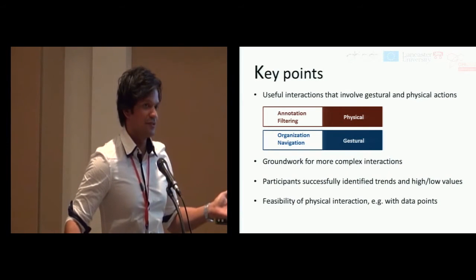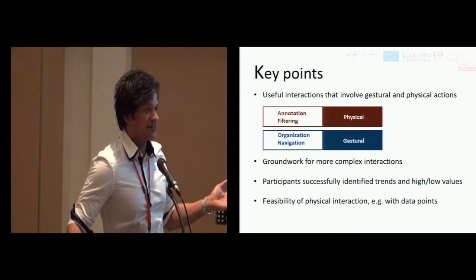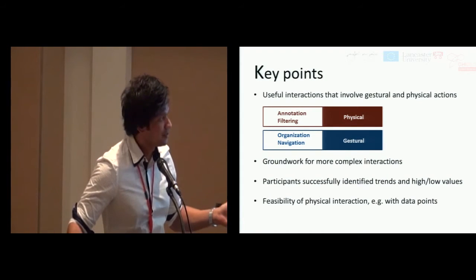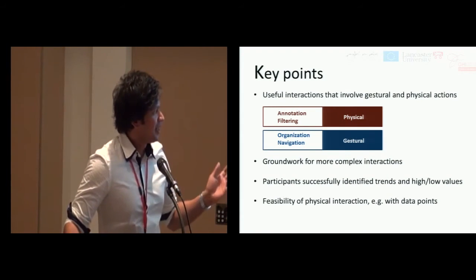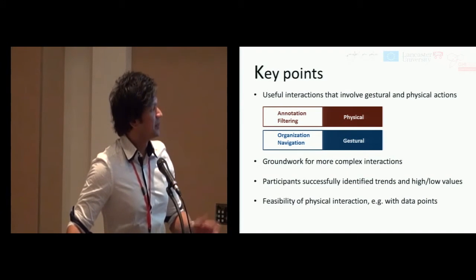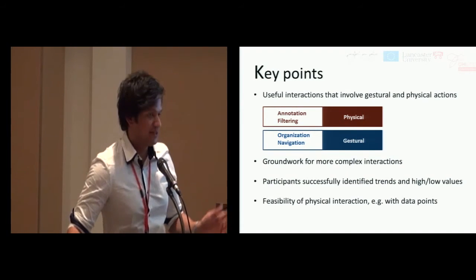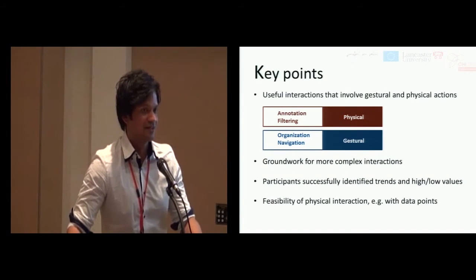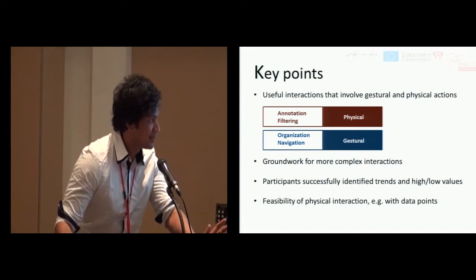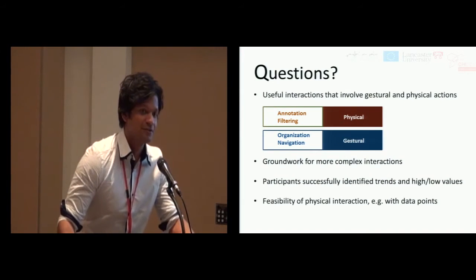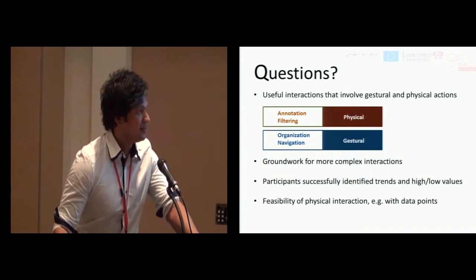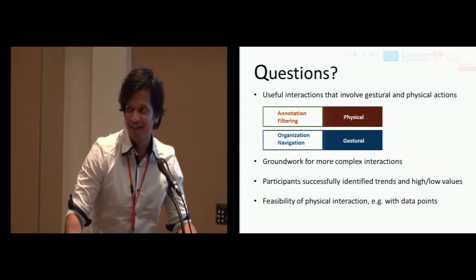It was also good to find that participants successfully identified trends, so when comparing rows and identifying the high values and low values. And an important finding is the feasibility of physical interaction with the actual bars, and the fact that they didn't feel they were interfering with them. So I think there's very good potential in using shape-changing technology to do information visualization. And I'll end on that note.